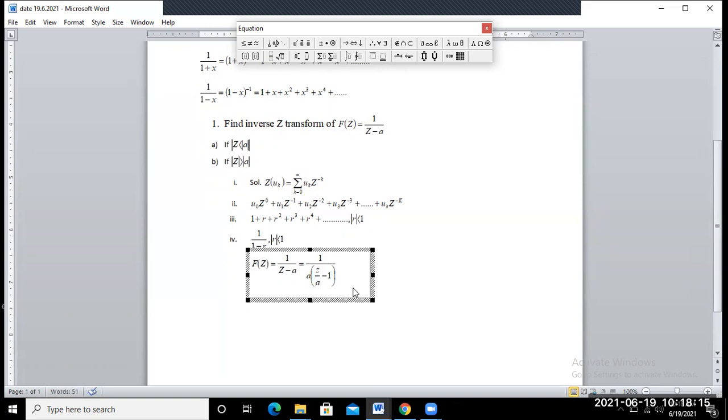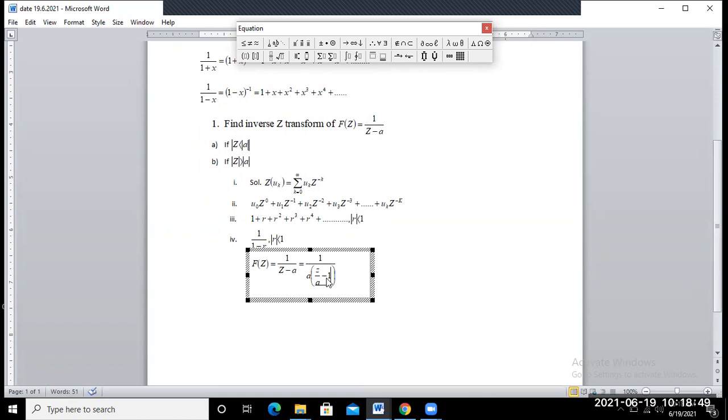Okay, so if you take it in this form, that means 1 minus r. If you take minus common here, then we can write minus 1 by a into 1 minus z by a, can't we? We have to convert this into the form 1 by 1 minus r. But here it is in the form r minus 1.